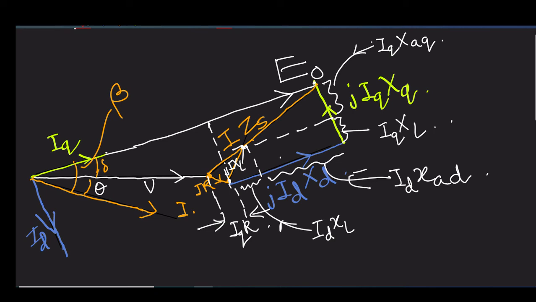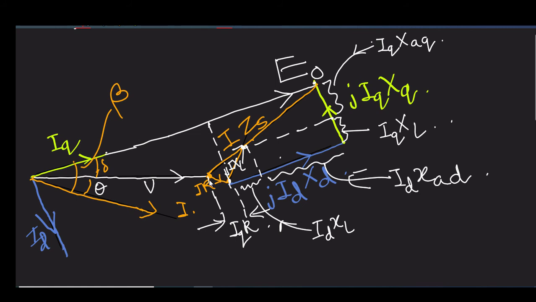Finding out ZS is not going to be very easy for us. So what we can do is write ZQ and ZD.